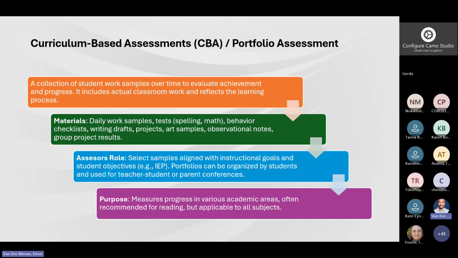The work can include real examples of what the learner has done in the class. And so the term portfolio, which is loosely used by others, speaks about the idea of all of the work that learners have produced.